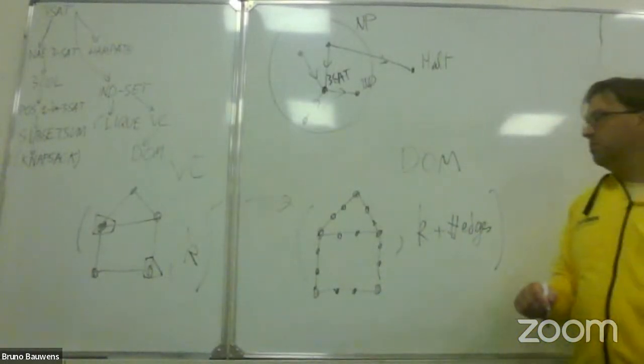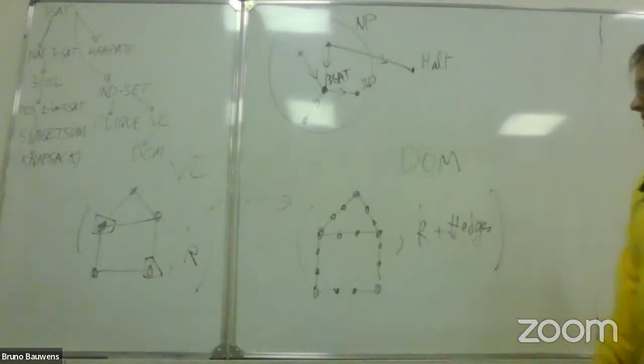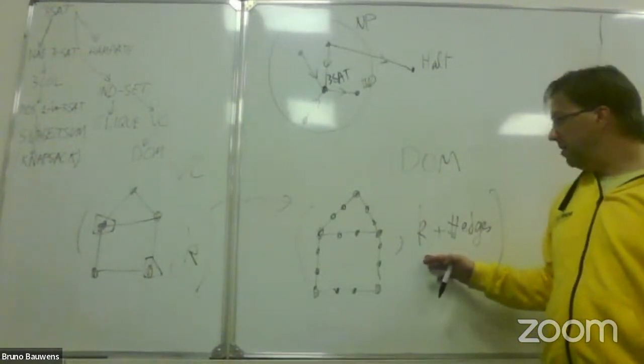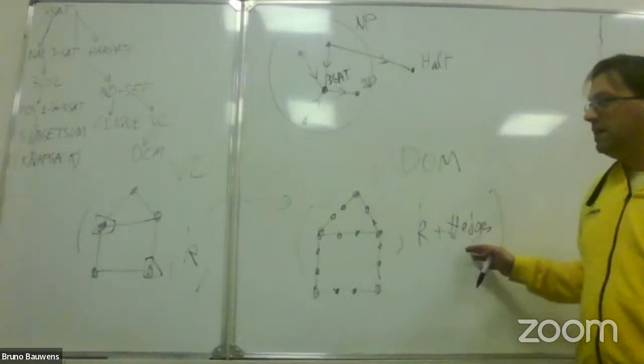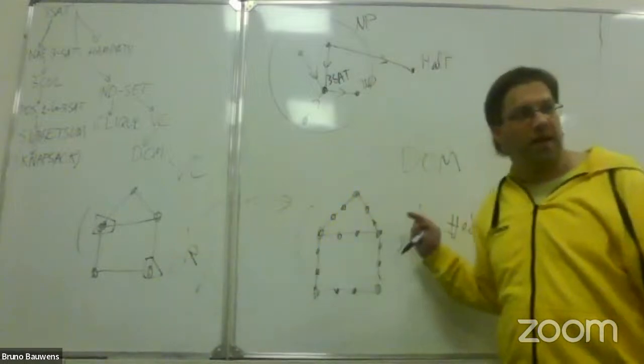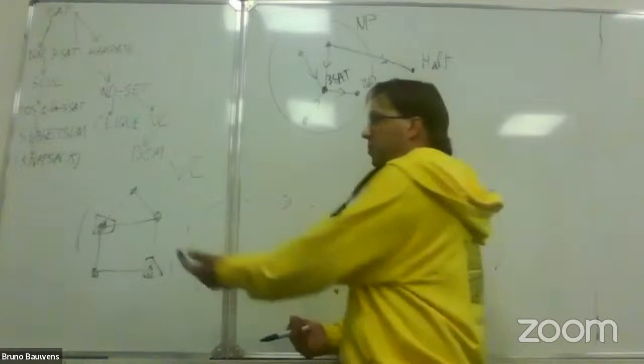So where was the problem? The problem is in the backward direction: if a dominating set of a given size exists, then we have a vertex cover. Note that when we prove equivalence, we have to prove two directions.